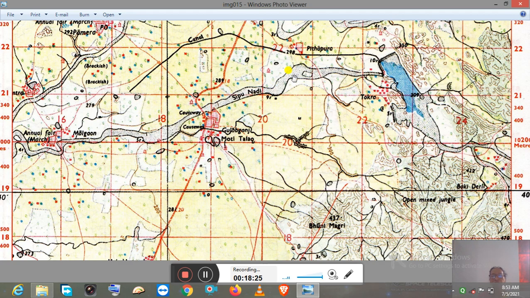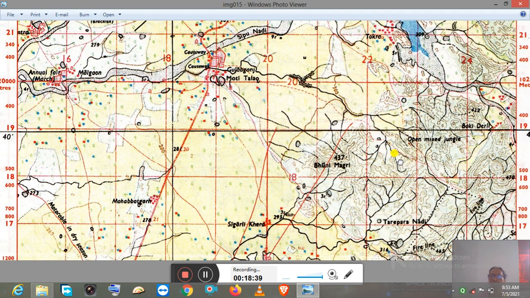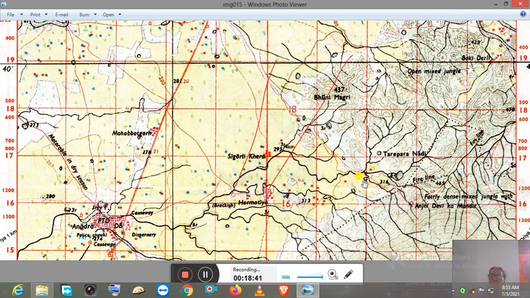Here also you can see a river which is not perennial because there is no blue line. A large area is forested area, and in the forest you can see some symbols. This is a black dot which is showing the boundary of Tahsil or Taluk.